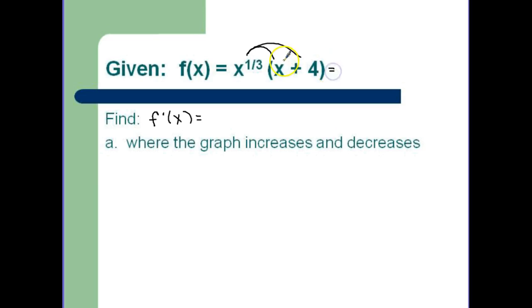So by distributing, you get x to the 4/3 plus 4x to the 1/3. I don't know, somehow I don't like doing the product rule. Not that you can't. I just think if you distribute now, it's easier.